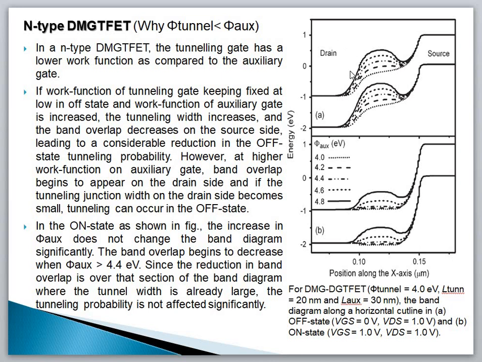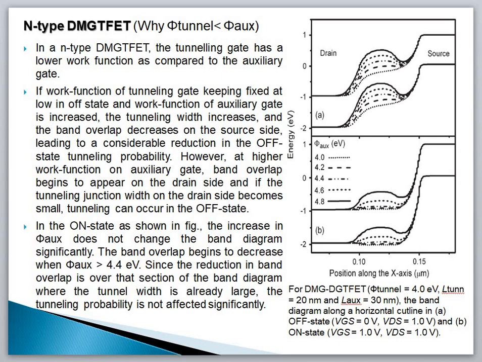First we will talk about when the device is in off state, VGS 0 volt and VDS 1 volt. When we are talking about the off state, we will talk about the off state current. When we are talking about the on state, then we will talk about the on state value of the current.